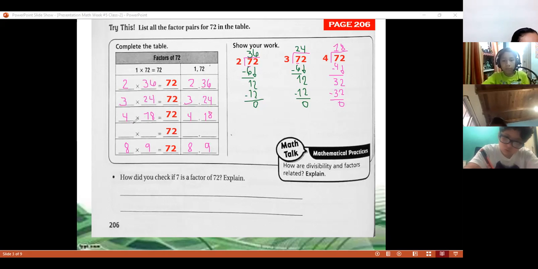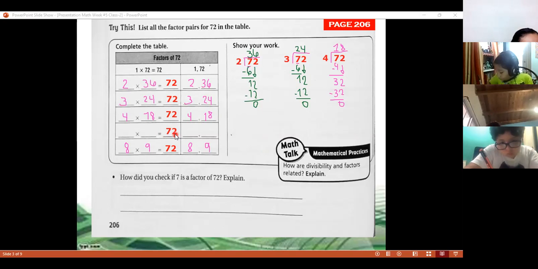Okay, perfect. Now, by 5, do you think that we can divide 72 by 5 and get remainder 0? No, we cannot. We can divide it, but we're going to have a remainder. 72 is not divisible by 5 because of the rule.